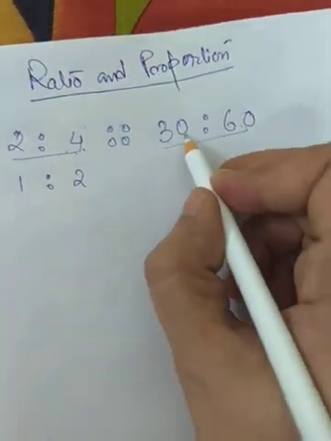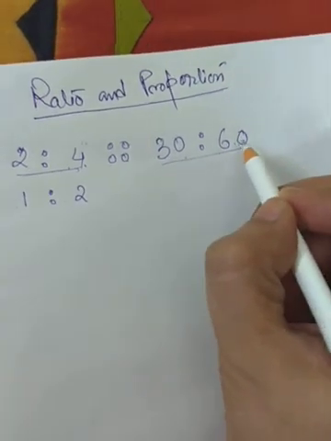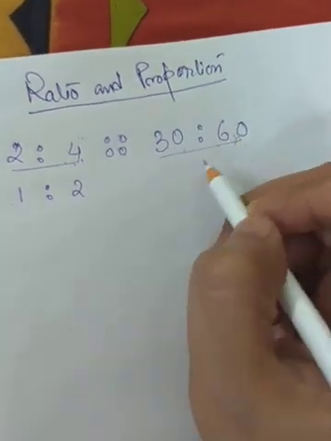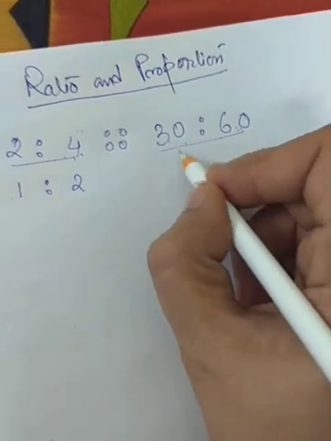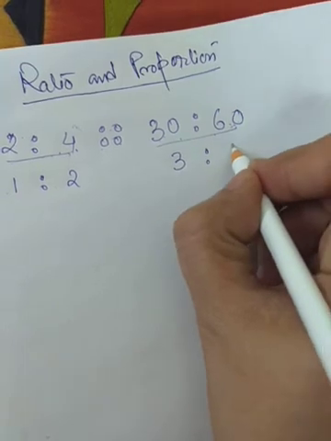Here 30 and 60 are there. Now we can cancel both the numbers with 10. 10 3s are 30 and 10 6s are 60.